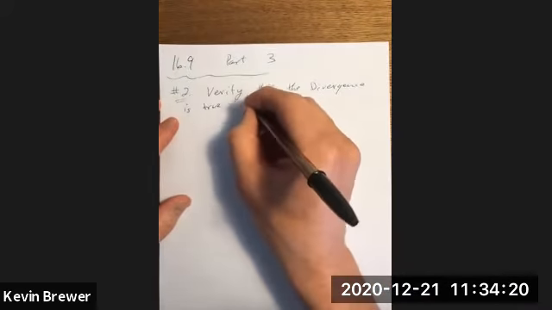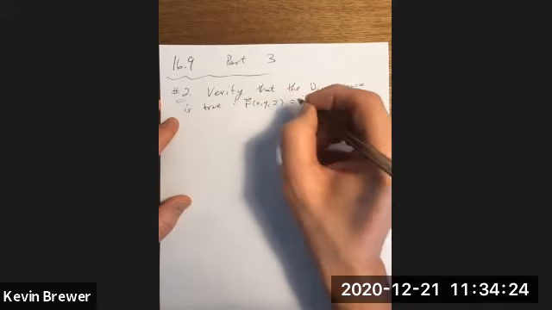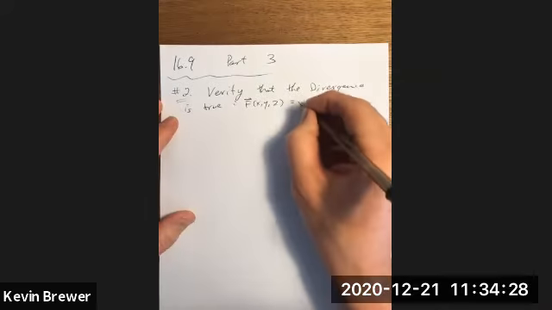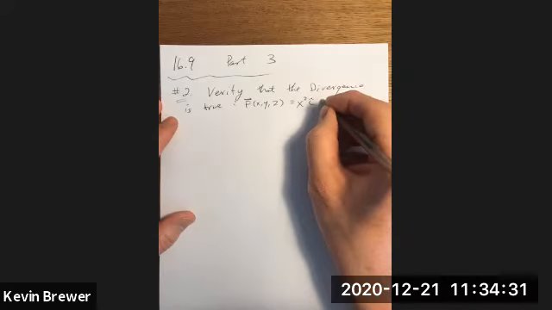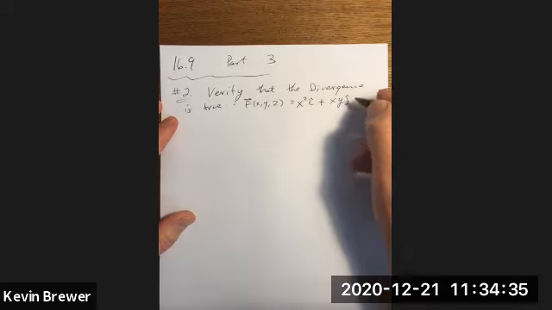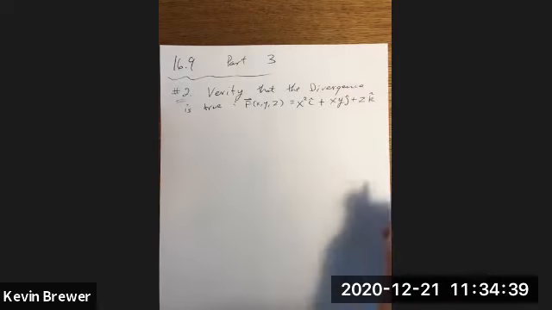And that case is that the vector field is x squared i plus xy j plus zk.